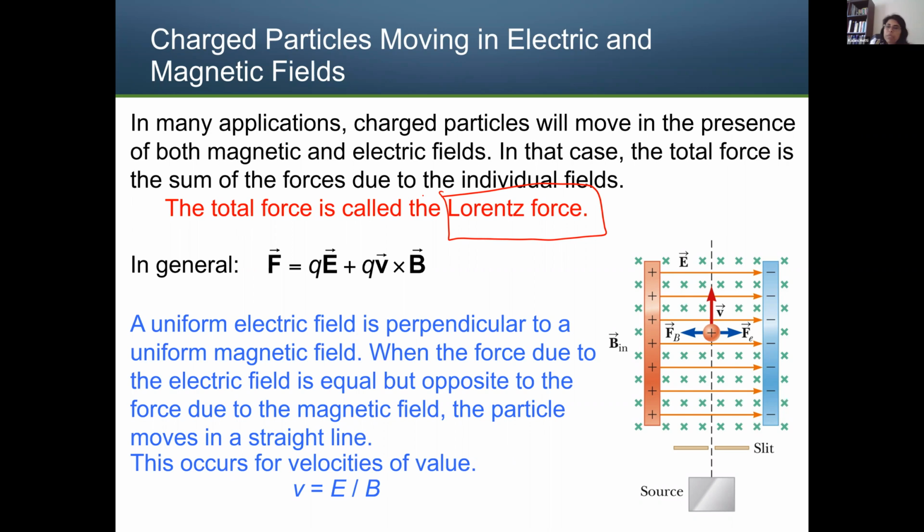Let's take an example. I have a positive terminal here and a negative terminal here. We definitely know the electric field direction, right? Now if I have a positive charged particle in between these two plates, the electric force will be in the same direction as the electric field. That's the force direction, right?